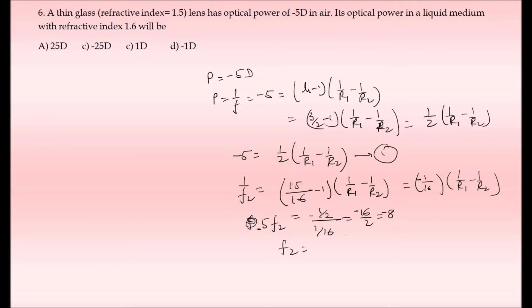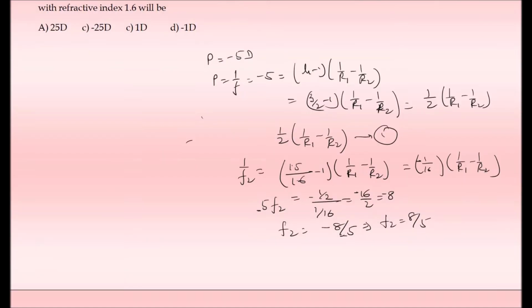So f2 is equal to minus 8 by 5 and minus sign. So f2 is equal to 8 by 5. Then clearly f2 is equal to 8 by 5. So 1 by f2 is equal to 5 by 8.